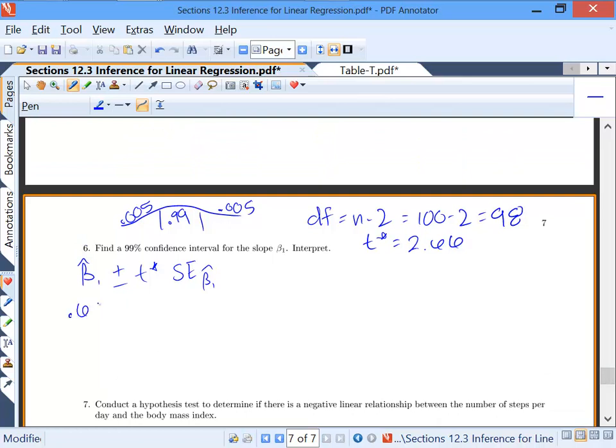So negative 0.6547, plus or minus our critical value, times the standard error. So negative 1.07 to negative 0.23.